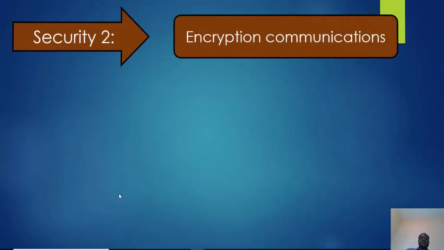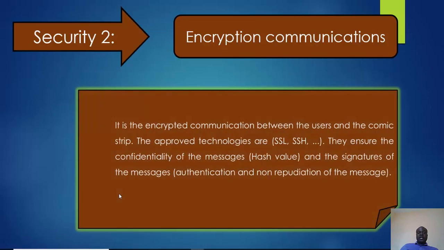And security step number 2, which we mistakenly skipped before giving security number 3, is encryption of communication. In this place of encryption, it is the encrypted communication between the user and the server.